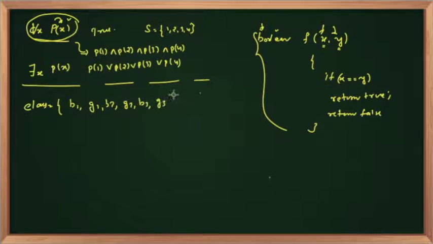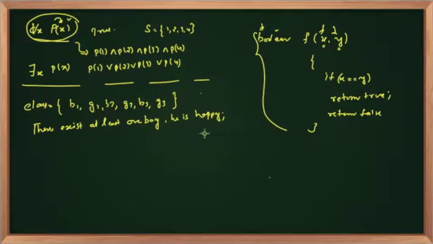These are the students in the class, and let's assume you have an English statement: there exists at least one boy, he is happy. So it says in this class there exists at least one boy who is happy.